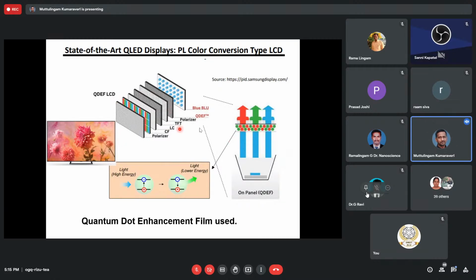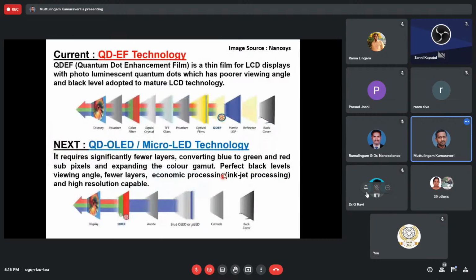This slide shows more clearly why the QD enhanced film is used in the LCD TV, how the filter is used with the blue light, and how we get the different colors from the filter. This is the technology currently used.